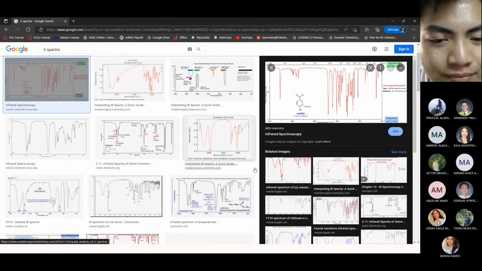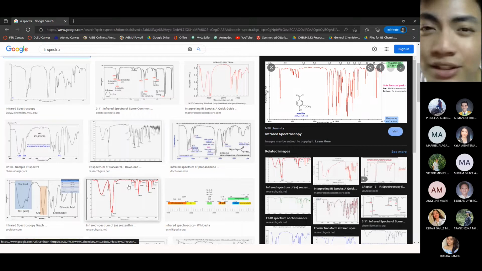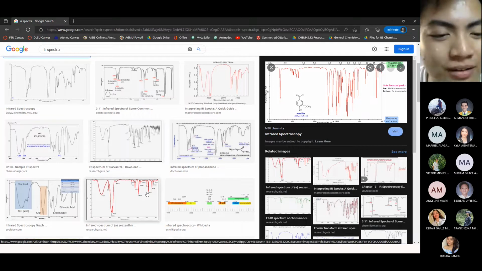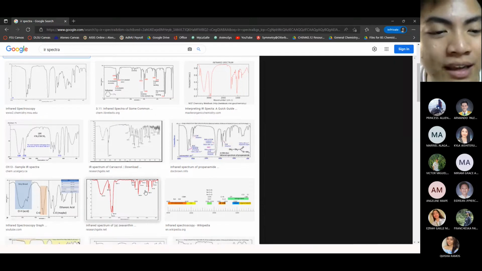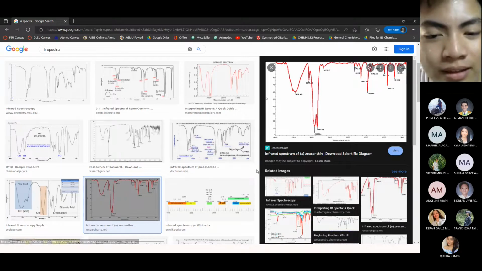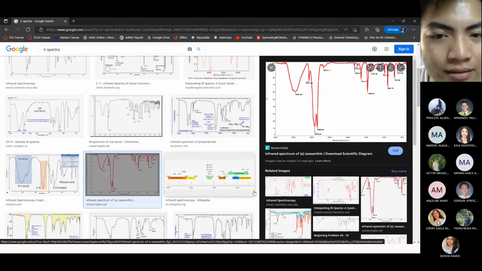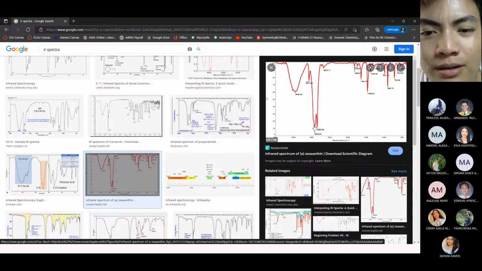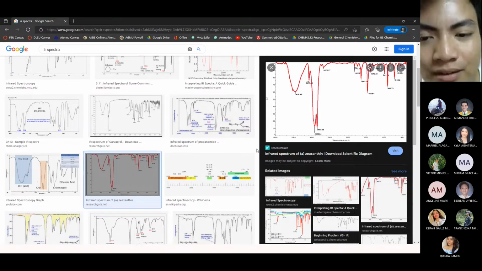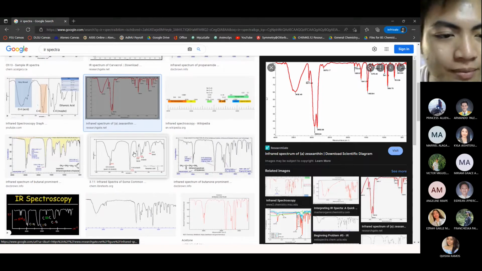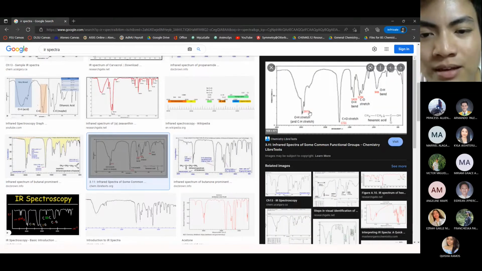It doesn't help in quantification, but in identifying chemical bonds, it can. For example, this is the OH bond. This is alkane. This is carboxylic, carboxylic acids look like that.